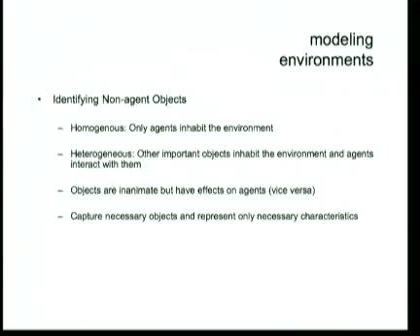Again, things like interference, or inanimate objects such as food in the ant simulations or simulations of ecologies. Generally capture only the necessary objects to explore the phenomenon you're looking for, and represent only the necessary characteristics of those objects, so that you don't have a problem with the complexity of representation of the environment.